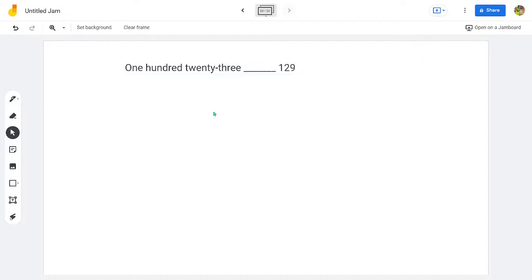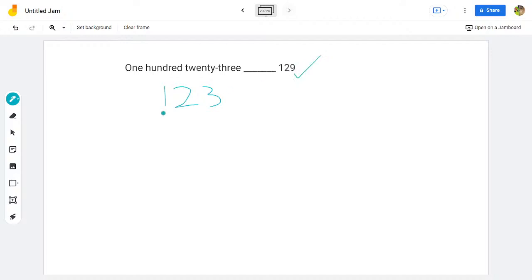So what do you think, which number is bigger? हम लोग सबसे पहले इसको नंबर फॉर्म में लिखेंगे 123. The second number is already written in the number form, 129.